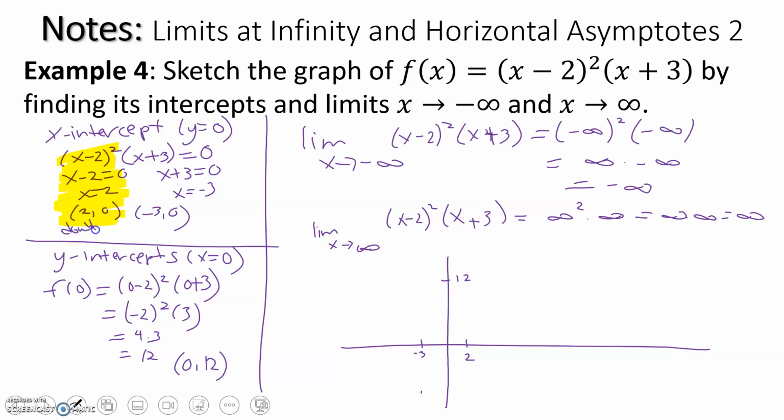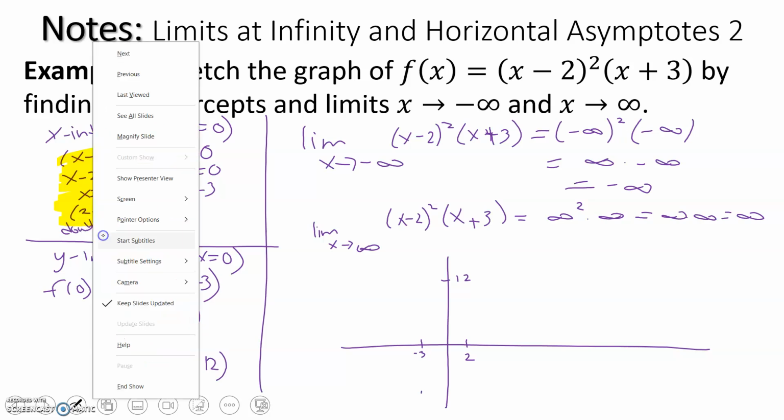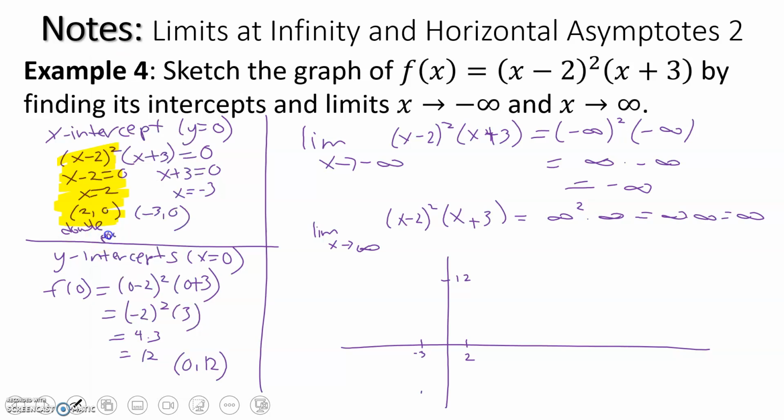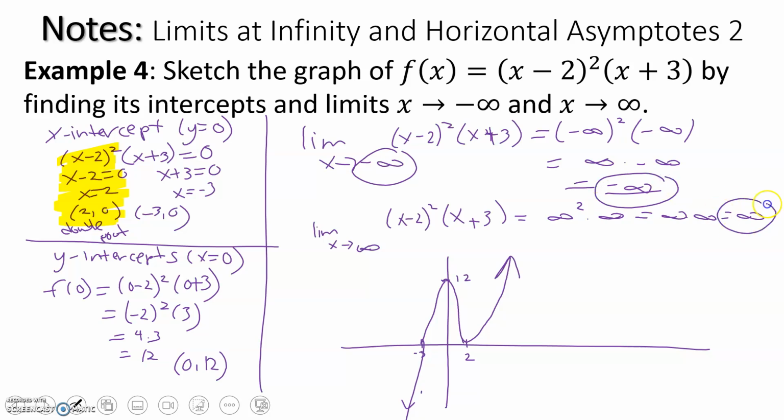And this double root means it will bounce at that point. So from the negative infinity side, we're going to negative infinity, so we're going to go down. We're coming up and hitting 12, and we're bouncing at 2, and then we're going up to positive infinity, which satisfies the end behaviors as we see here. And then, of course, make sure it actually hits.